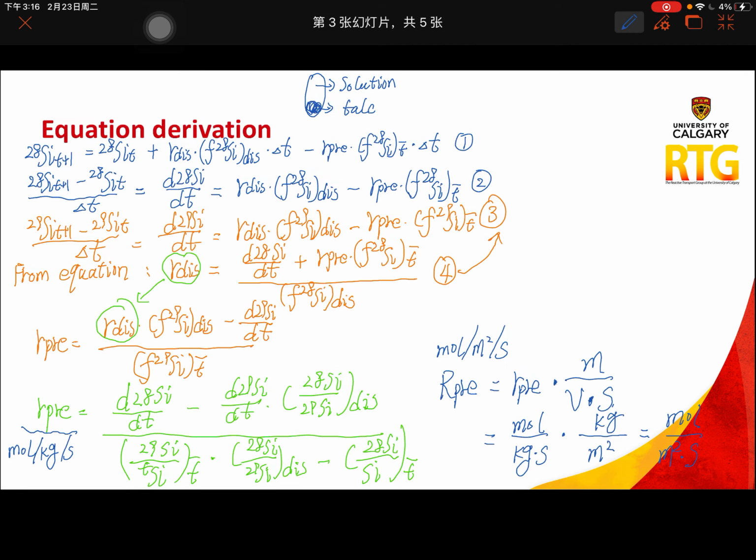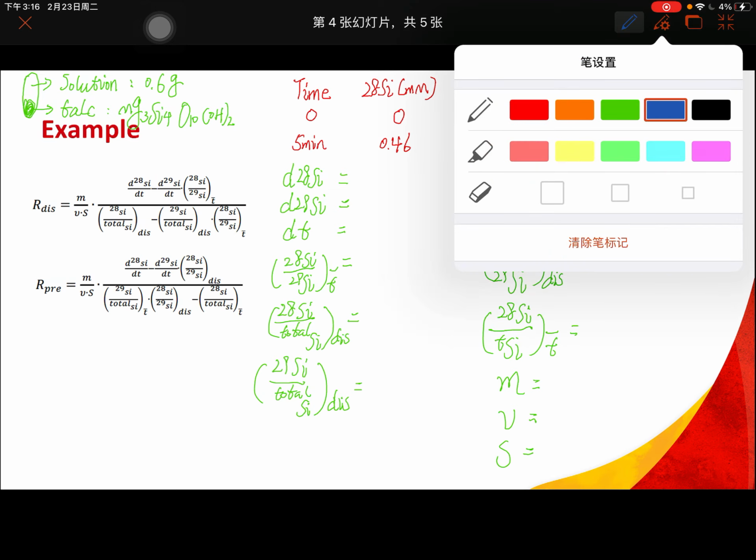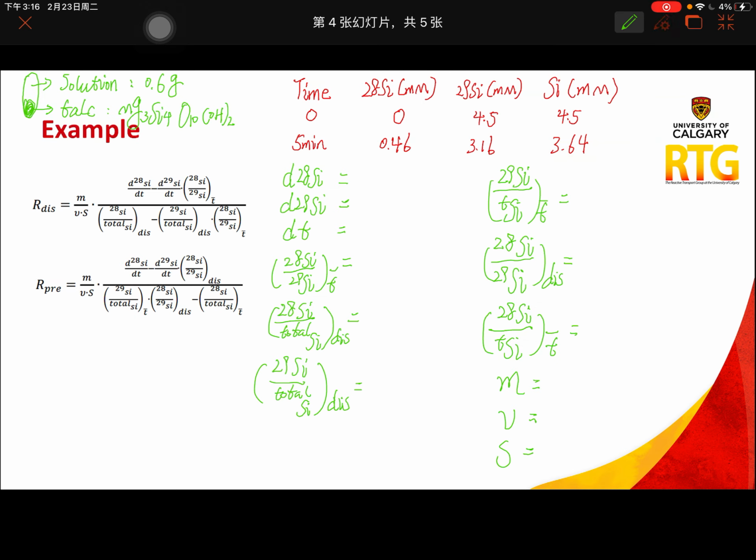But how do we use that? For example, if we have an experiment going on, and this is our result, we have the talc as the mineral, and we have the solution, 0.6 gram, which is doped with almost 100%.